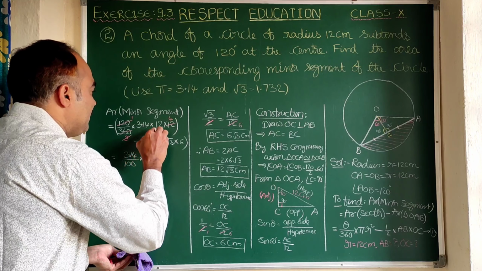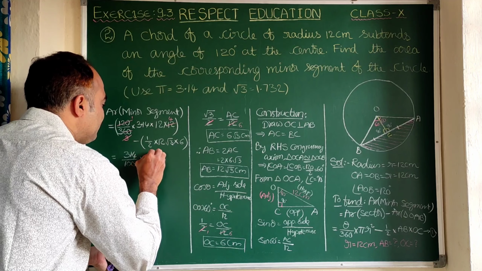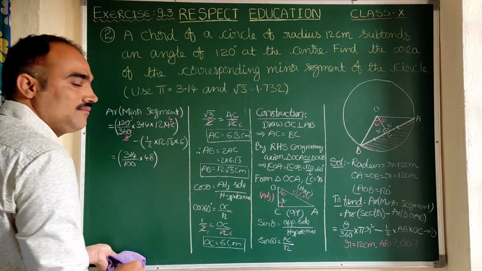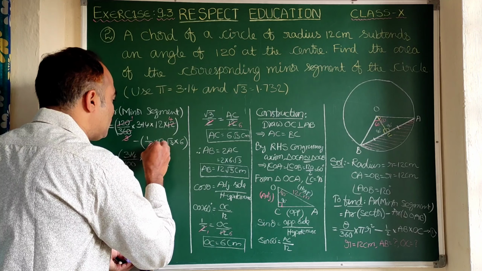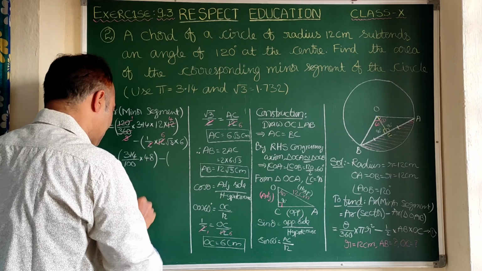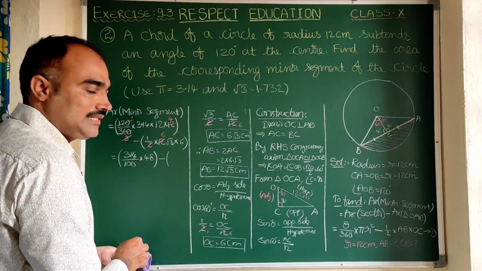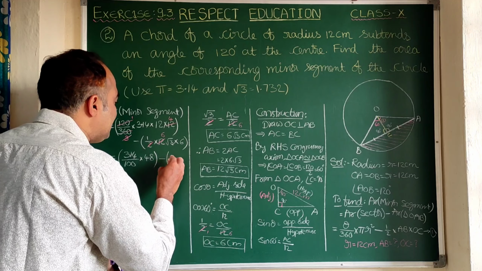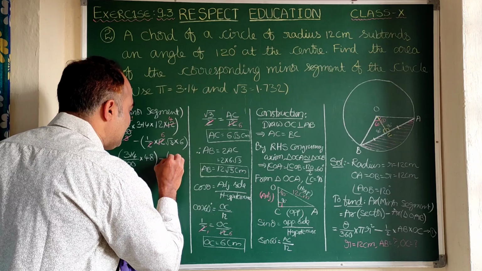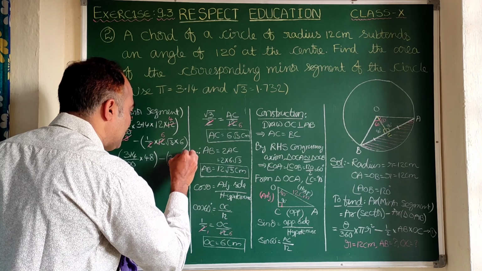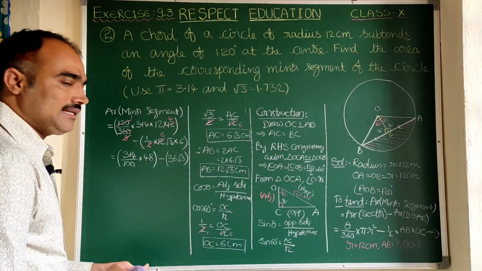Now, into 12, 4 twelves are 48. This is the area of the sector. Minus, here let us cancel this 2 and 12, 6 times. 6 into 6, 36 into root 3. Now, let us simplify this.